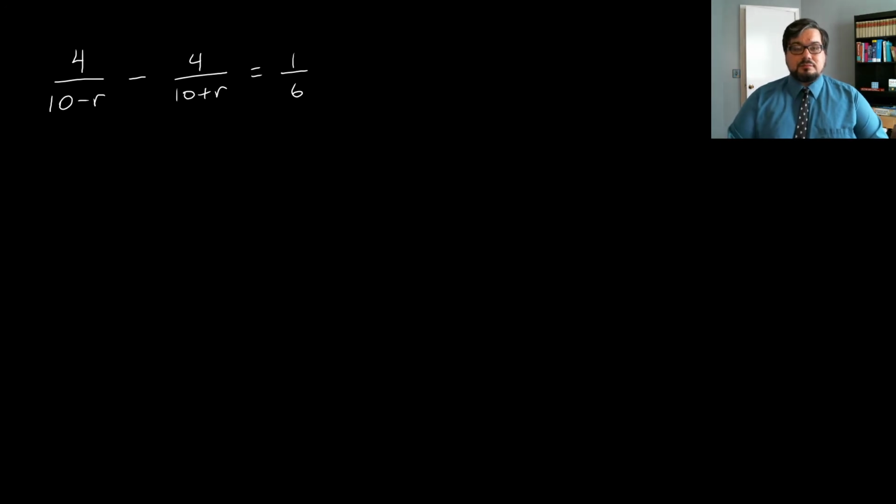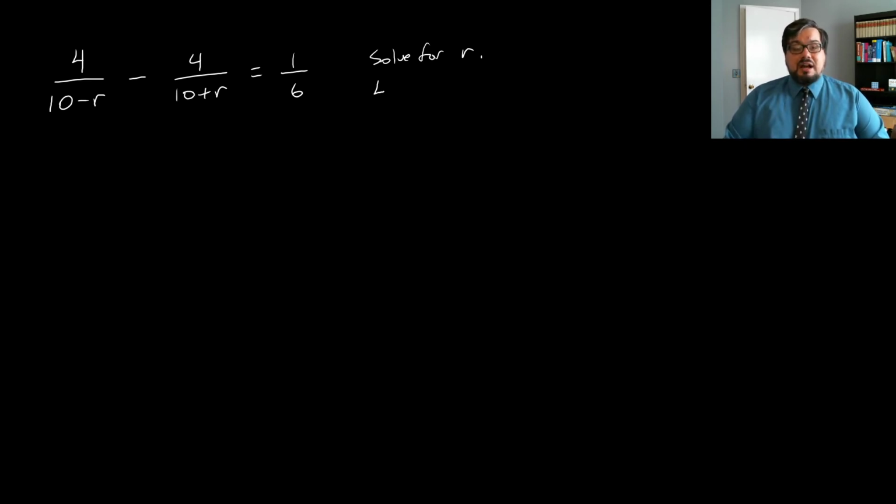So our equation from the previous page said that 4 over 10 minus r minus 4 over 10 plus r is equal to 1/6. And this is what we want to solve for r.